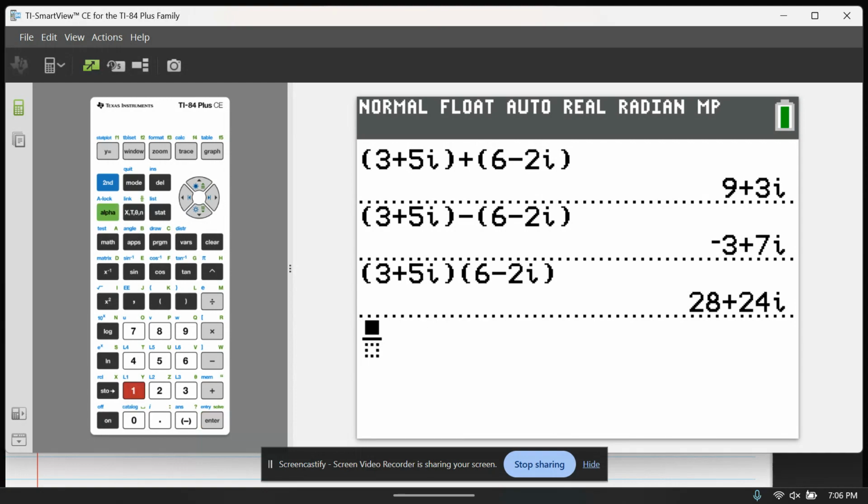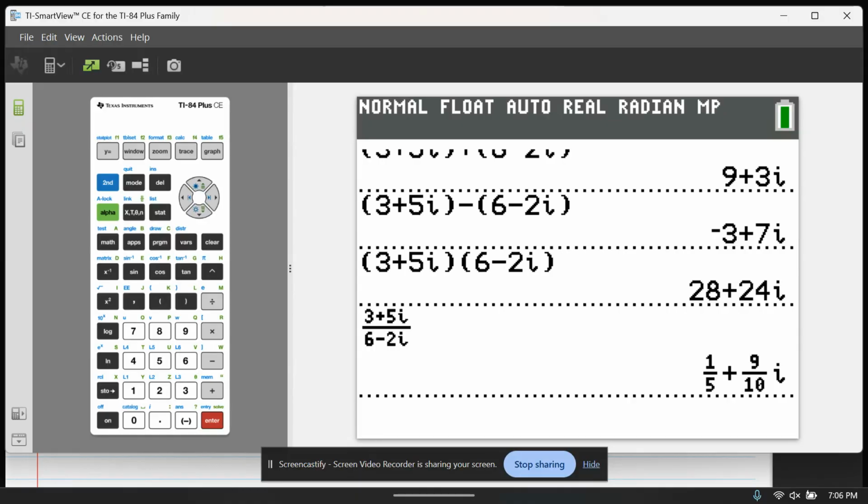On the top part, I'm putting 3 plus 5i. Then I press the down arrow to get to the bottom part of the fraction, and I'm going to put 6 minus 2i. Second decimal point to get the i. Then I'm just going to hit enter. And it does that division for me and gets me 1/5 plus 9/10 i.